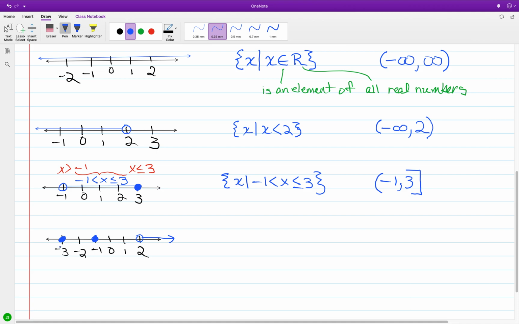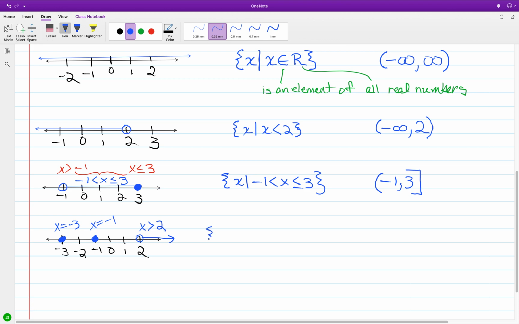So you have itemized points at -3 and -1, and we have an open circle at 2 with the ray going out to the right. Now for the descriptions, first we have only x is equal to -3. Nothing to the left, nothing to the right. And with a closed point at -1, we have x is equal to -1. And then with the last portion, we have that x is greater than 2.